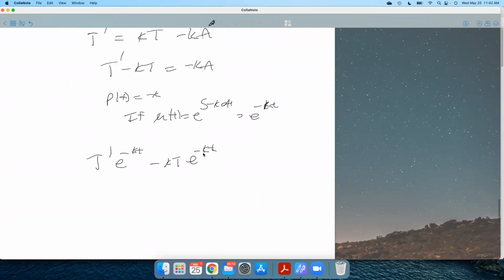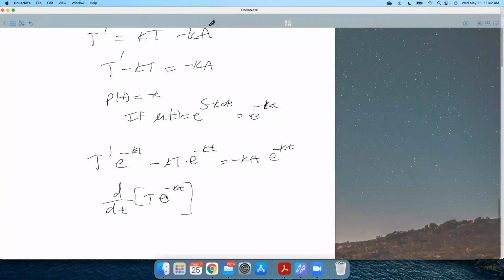We've got to be really careful and keep our little t's different than our capital T's. Then the left side is the product rule derivative with respect to little t of capital T e to the negative kt.